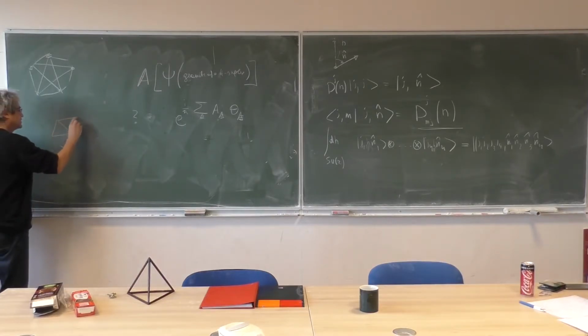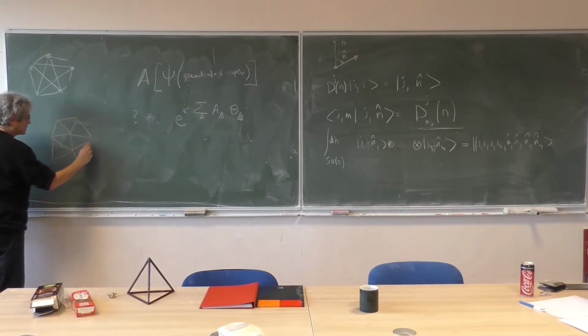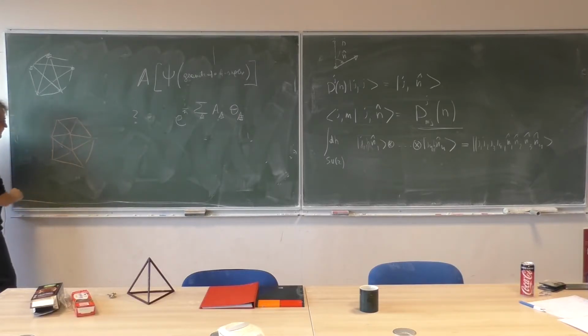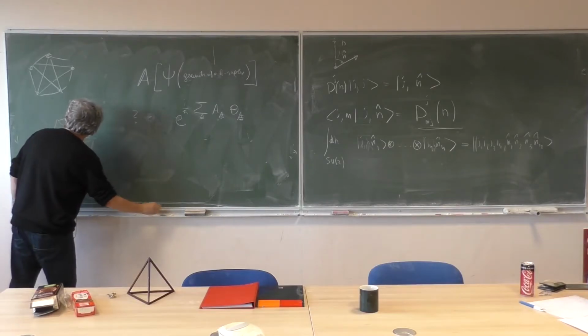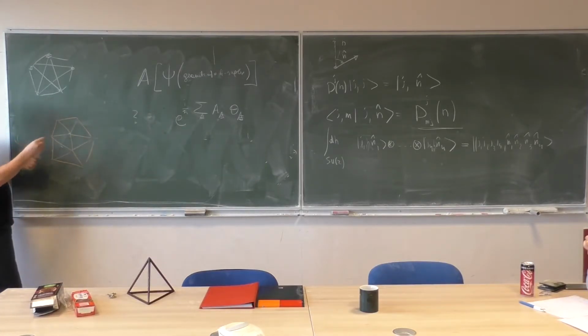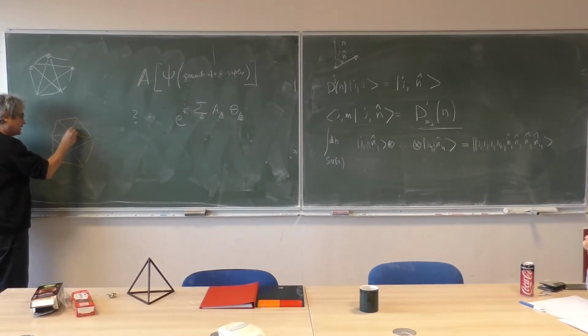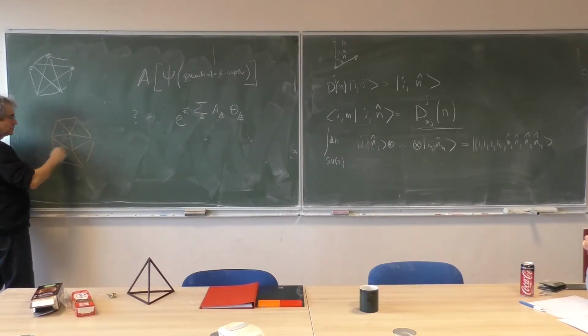So, good. What you're saying is that the curvature here is 2 pi minus, but the 2 pi is conventional, the sum of this and this and this and this angle. So you need all the values around.